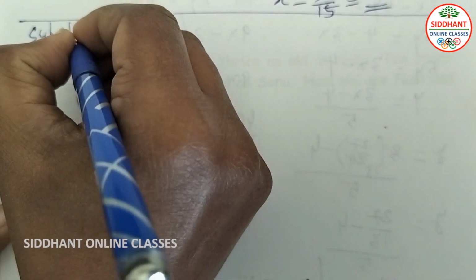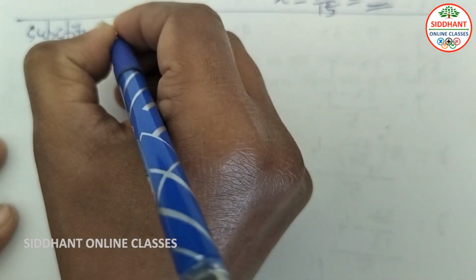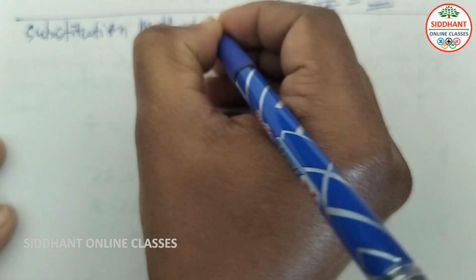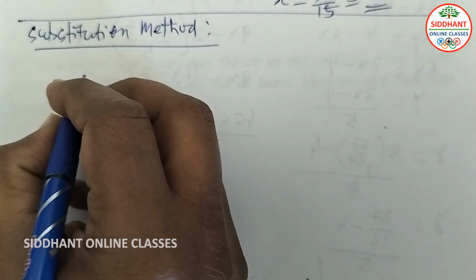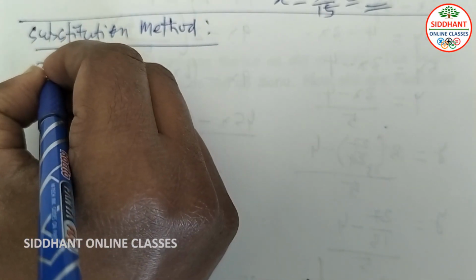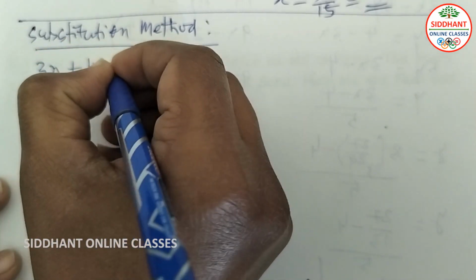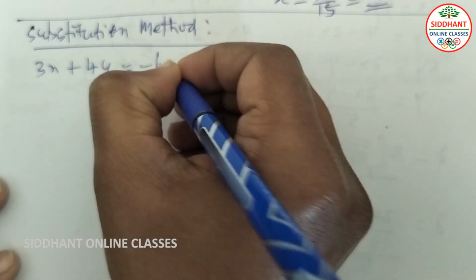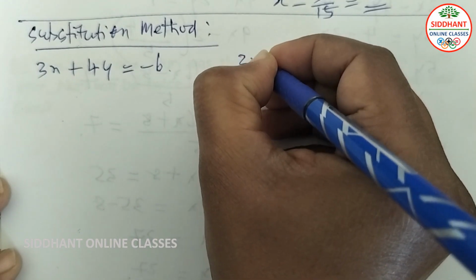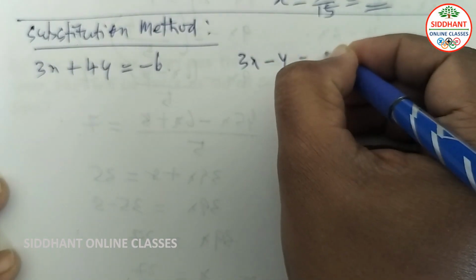Next, the substitution method. So we have two equations: 3x plus 4y equal to minus 6, and another equation, 3x minus y equal to 9.